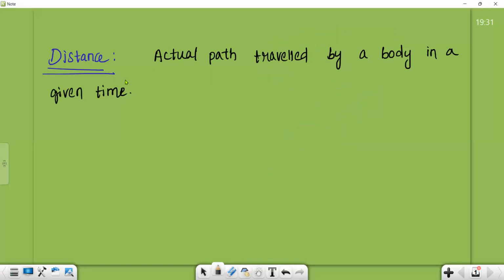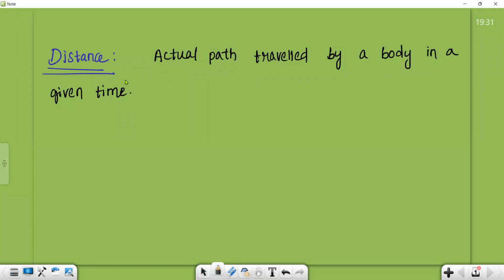Suppose you have reached somewhere. If anybody asks you how much distance you traveled, what will you tell? Like, I traveled 150 kilometers and I took 2 hours or 2.5 hours. That is called distance.